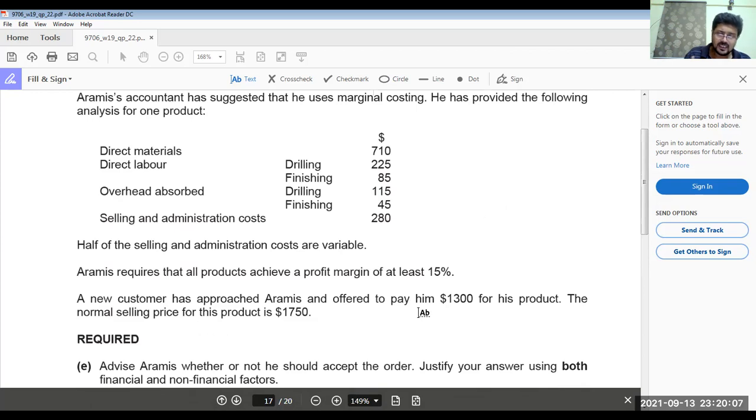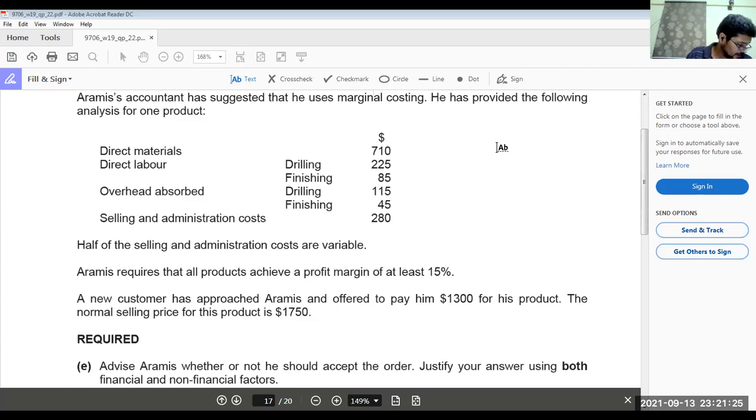This is 1300 selling price minus direct material 710 minus 225 minus 85 minus 140 of the selling and administrative cost.